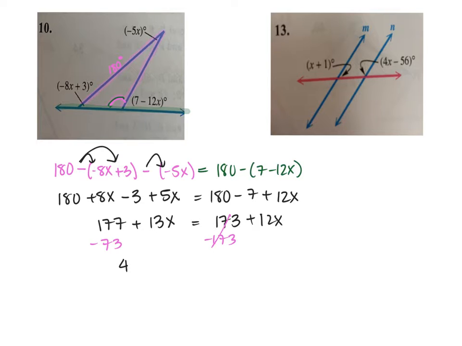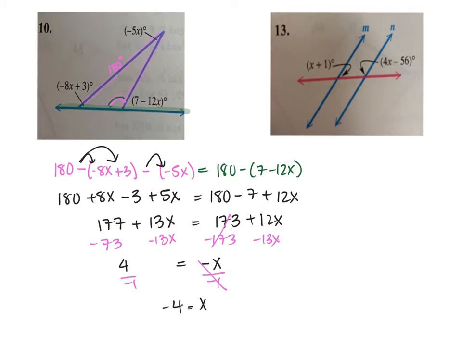And then if I subtract 13x from both sides, 4 would equal negative 12x minus 13x, which would give me just a negative 1x. And then if I divide by negative 1, x is equal to negative 4, because 4 divided by negative 1 is negative 4.